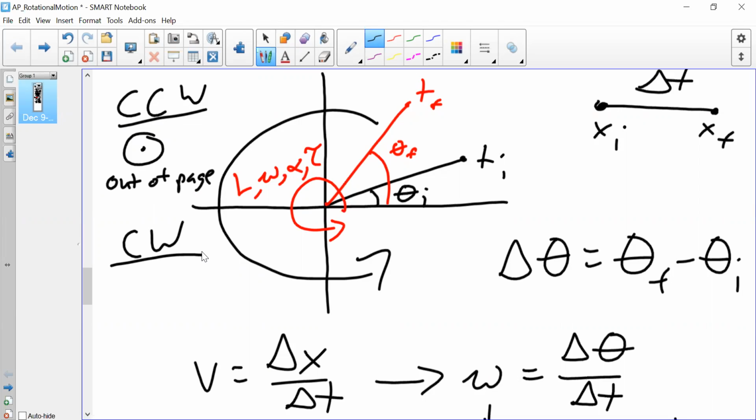If it spins the opposite direction, it's going to go inward, represented by an X, the flare on the back of the arrow.